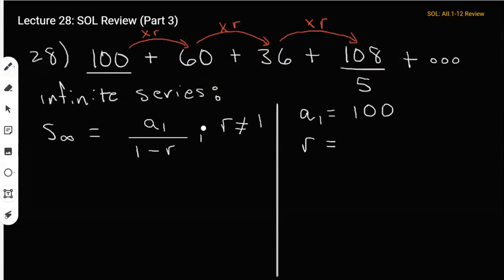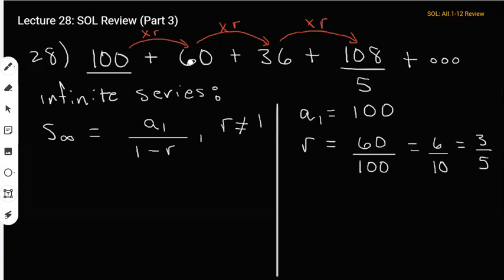So let's see what we get when we do that. I can take 60 divided by 100. That's going to be 6 over 10. And I can simplify that down to 3 over 5. So does that make sense? 3 over 5.